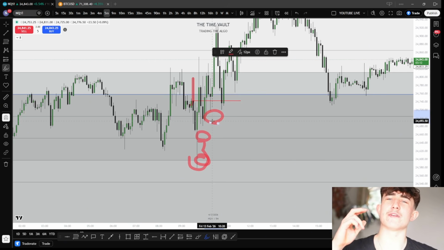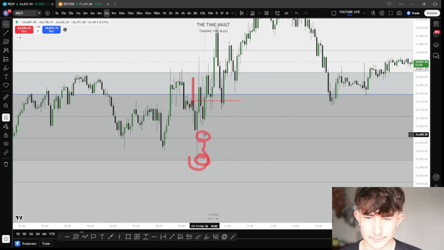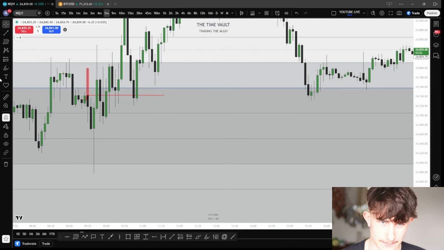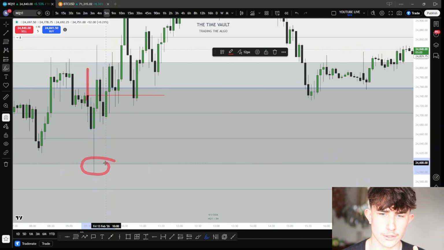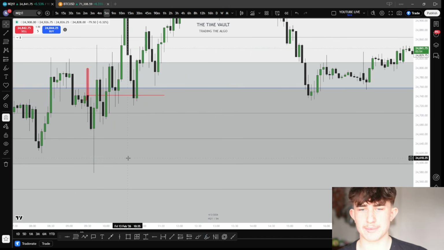So you can see that we've invalidated 3 Tapda projection lines for our reversal within one 5-minute candle. So we've closed above 3. This is our reversal and double confirmation.